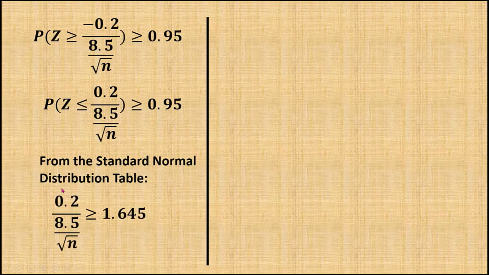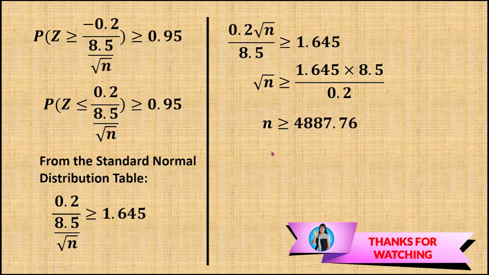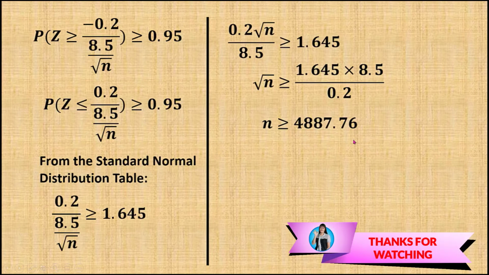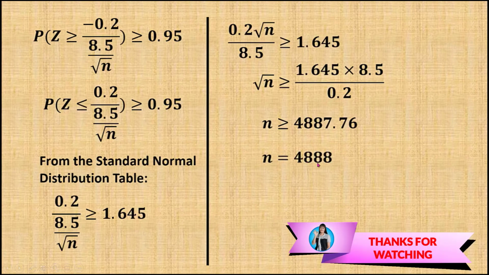So this value is greater than or equal to 1.645. When I simplify this part, I get this, and when I further simplify, I find that n is greater than or equal to 4887.76. And n should be an integer greater than 4887.76. Therefore, n is equal to 4888.